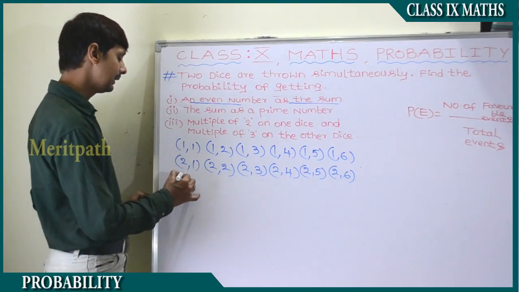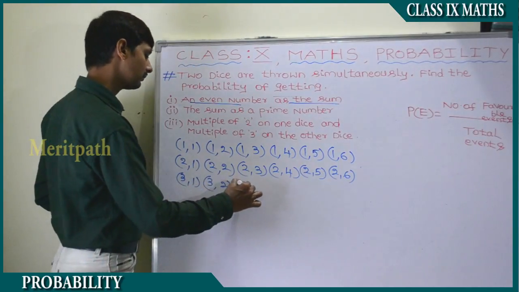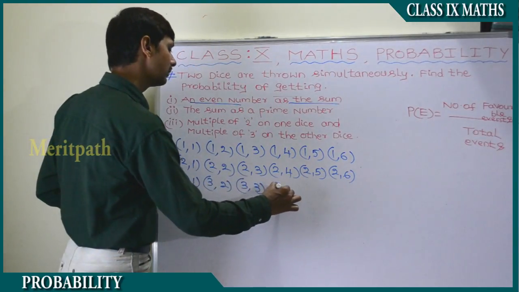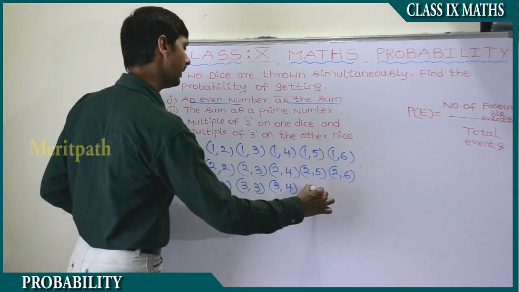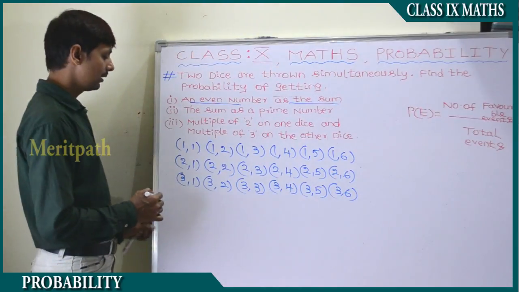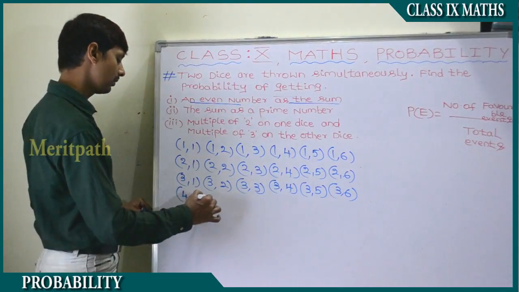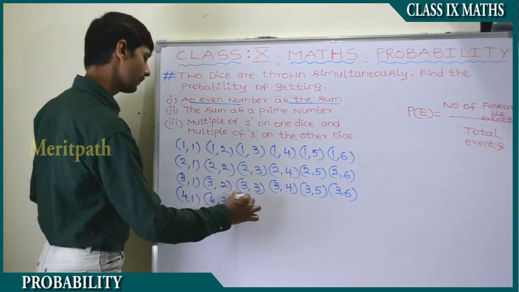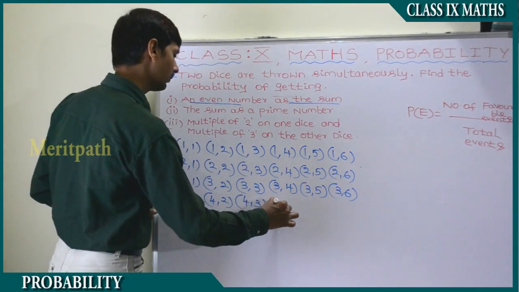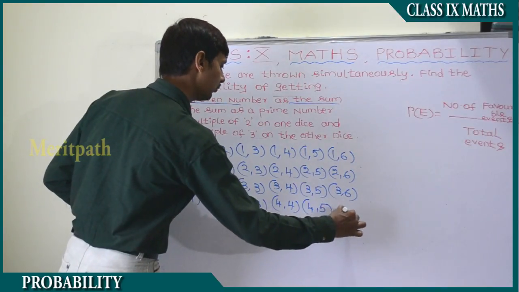Then let's take 3: 3, 1; 3, 2; 3, 3; 3, 4; 3, 5; and 3, 6. It's completed. Then let's start with 4 on the first dice: 4, 1; 4, 2; 4, 3; 4, 4; 4, 5; and 4, 6.